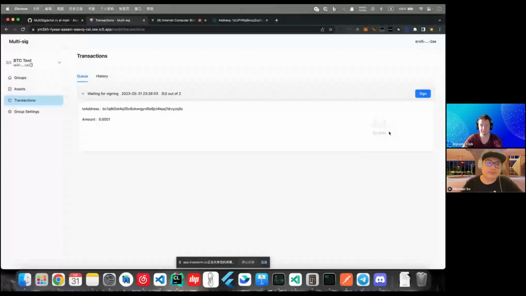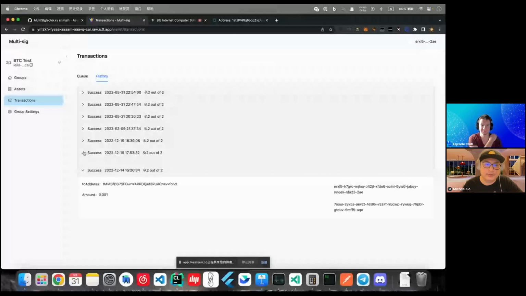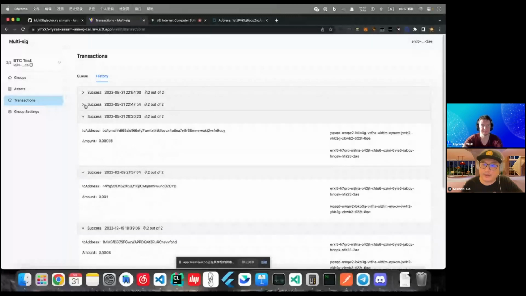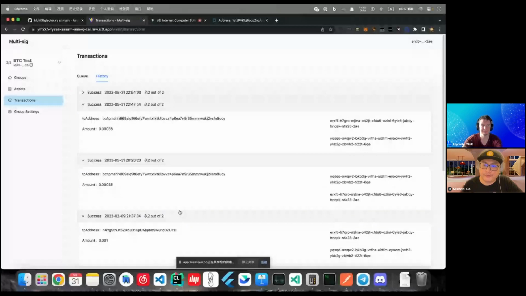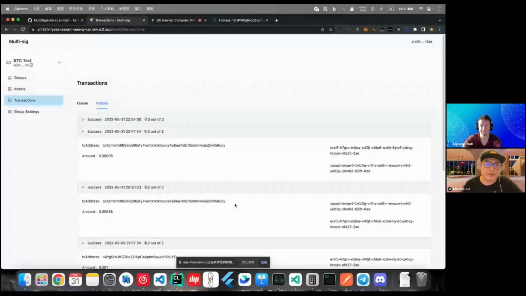When I sign it, my colleague may also want to sign it. After that, the transaction will go through. I'm not going to sign it because there are a couple of transactions here. You can see different people signing the transaction with history, and the transaction will go through.